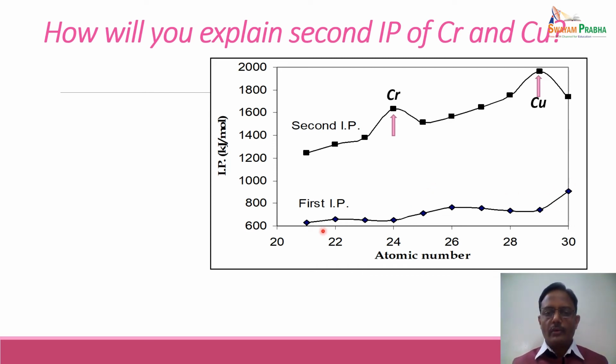The first ionization enthalpy continuously goes on increasing in a gradual manner as we move from left to right in a period. So there is no anomaly at all.